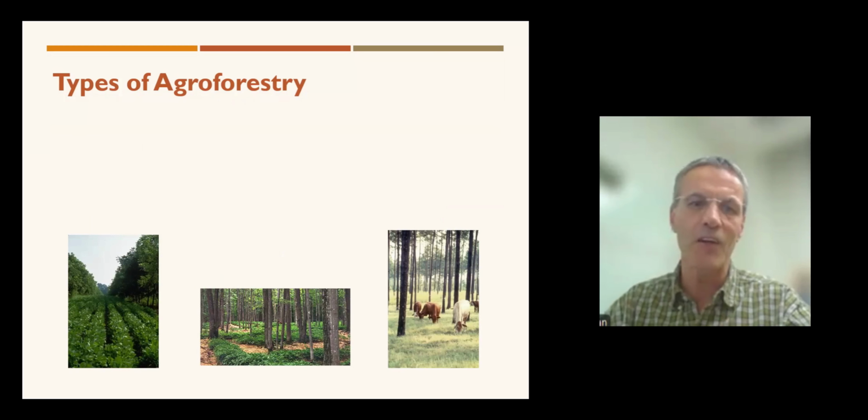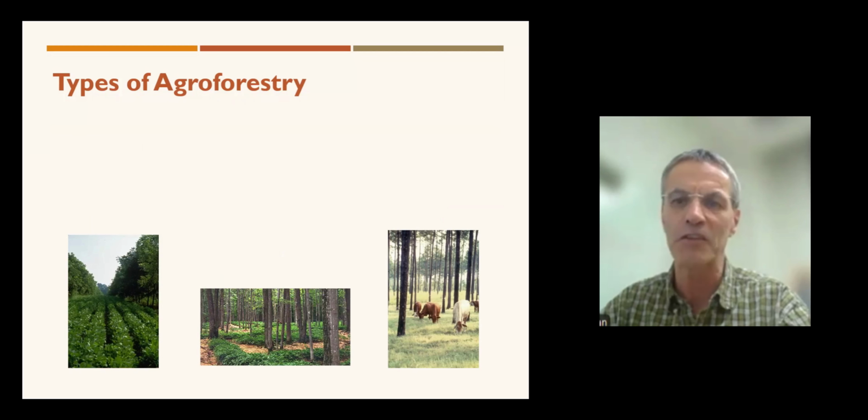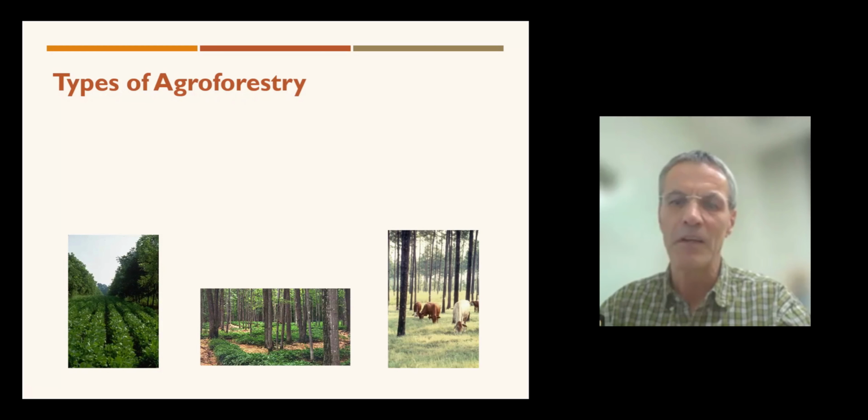So the agricultural knowledge and the selection of the species and the management of the trees, all of that is sort of needed to optimize production in the system and to minimize any competitive effects. But broadly, agroforestry systems are classified based on what kind of species are involved in it.